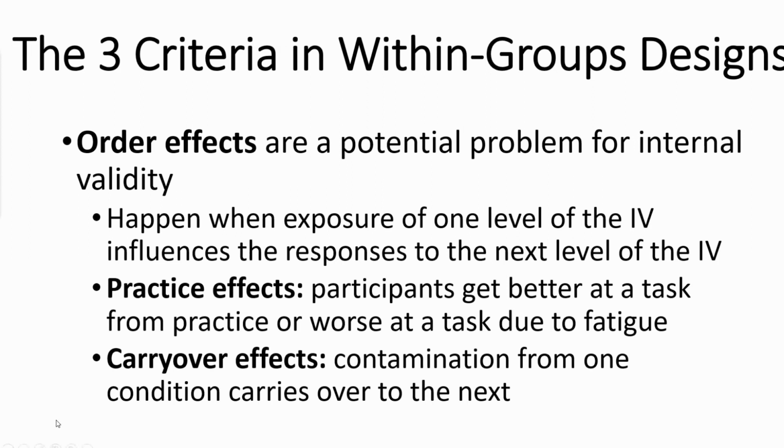The next type of order effect is a carryover effect. And this happens when some kind of contamination from one condition carries over to the next condition. So this is a huge problem for things like drug studies. But we can use an example of maybe you want to look at the difference between how people perform on a test when they have coffee that has caffeine in it versus decaffeinated coffee.